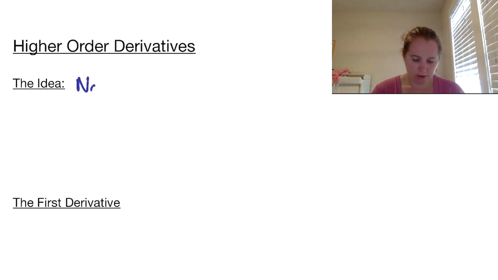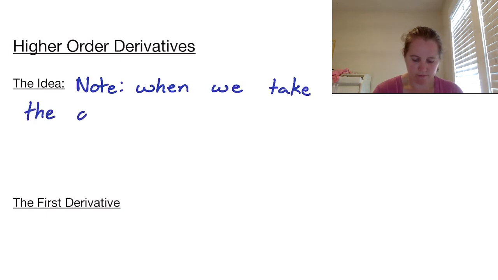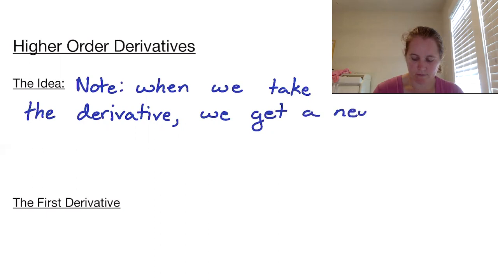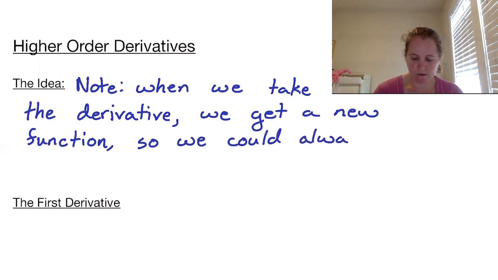So note, when we take the derivative, we get a new function. So we could always just take the derivative again, and take another derivative.